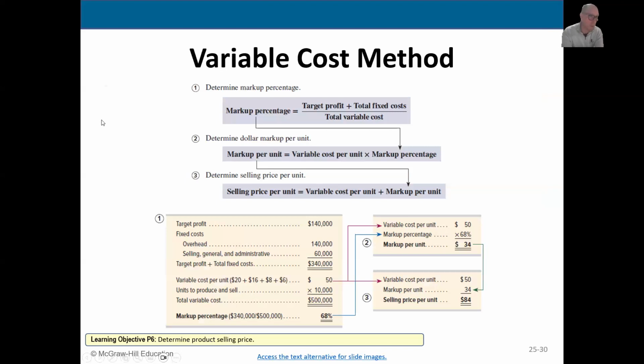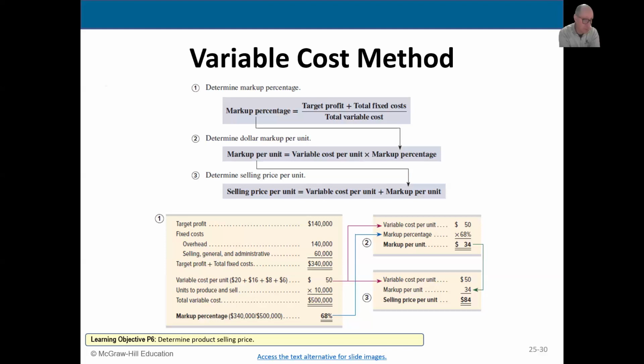And one of the last methods for setting your sales price is called the variable cost method. Again, 3 steps. Step one, we determine the markup percentage. We do this by taking the target profit plus the total fixed cost. Do that first. Then we divide that by the total variable cost. Step two, we need to find the dollar markup per unit.